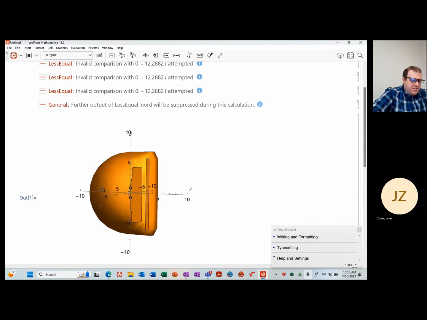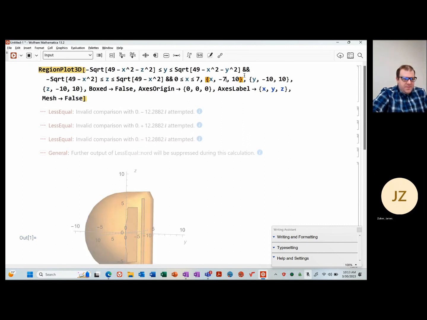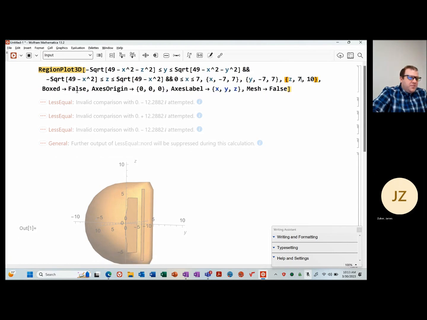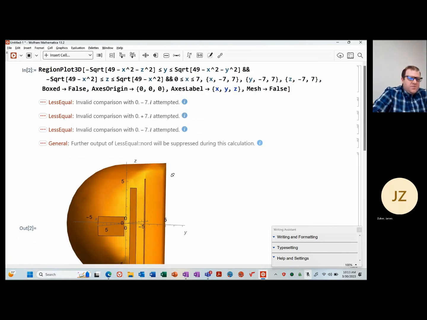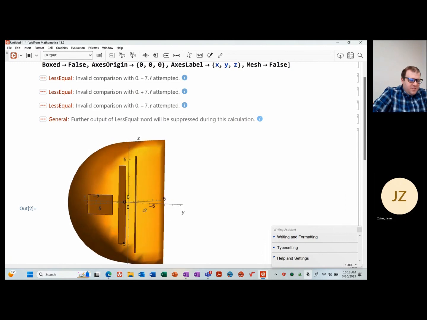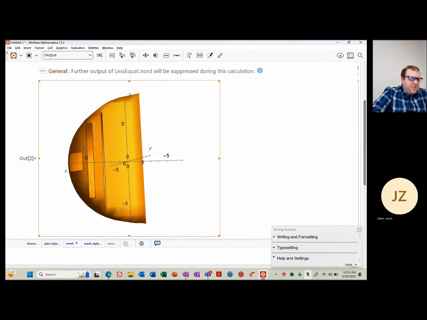I think if I adjust it, minus 7 to 7 all the way around, I should get rid of those holes. No, it still doesn't like it. What is going on? Whatever, just ignore those holes.